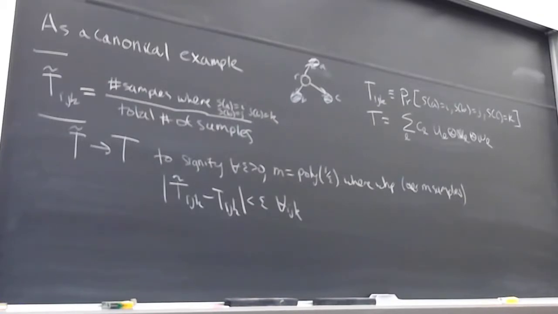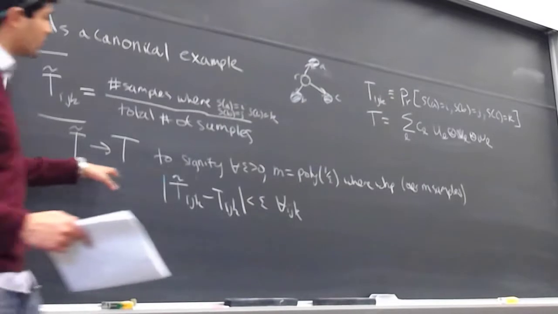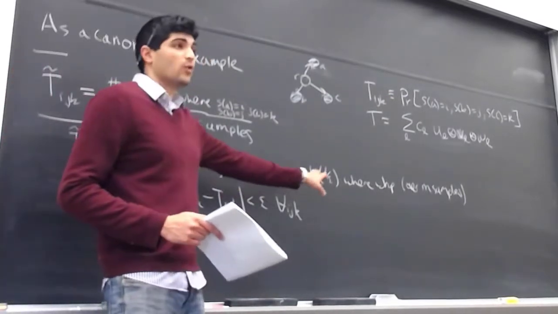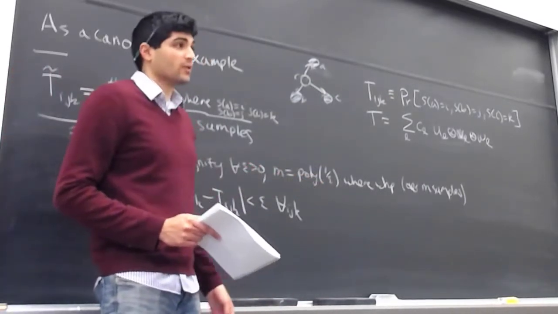So T tilde is converging to T at an inverse poly rate, because when you tell me your target accuracy, I give you a polynomial bound in 1 over that accuracy.